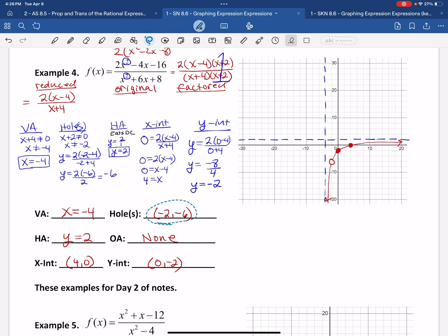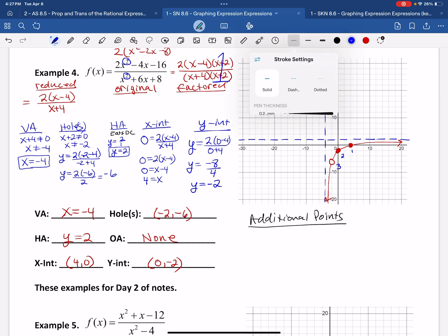Okay, and now we need to do our additional points. Notice I already have 3 points here, so that's all I'm asking that you have. When we do our additional points, all you need to do is do the inverse points. So I'm going to call this point 1, point 2, and point 3. From our new center, point 1 is 2, 4, 6, 8.